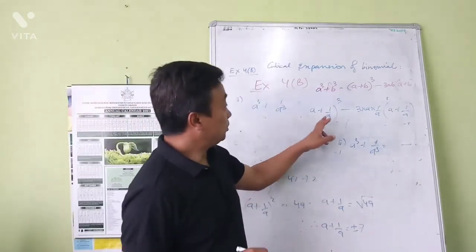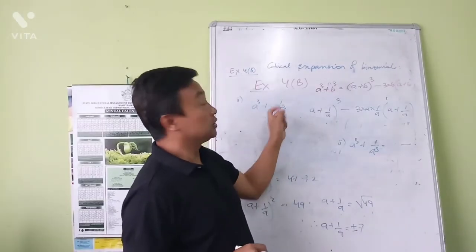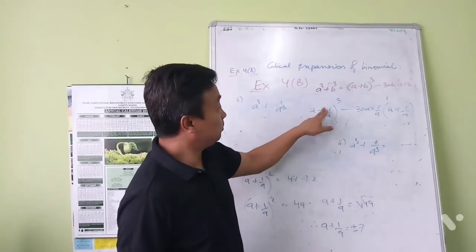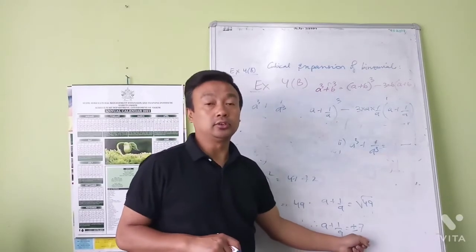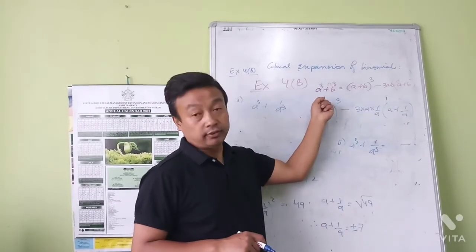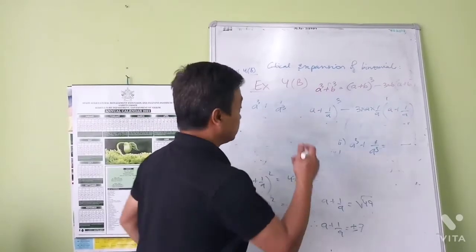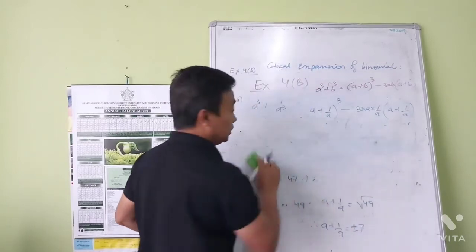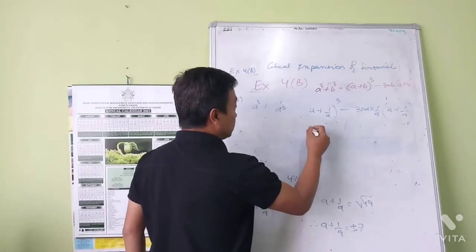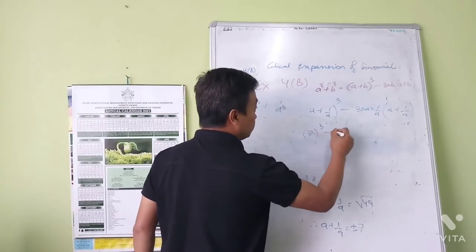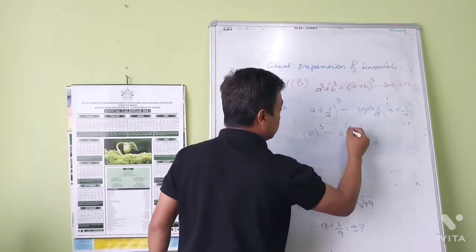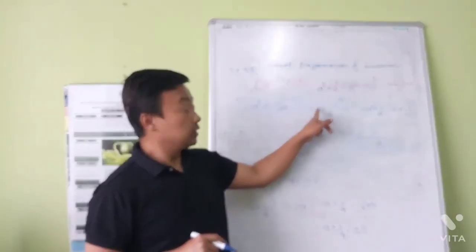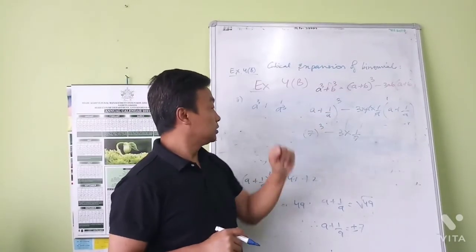Alright? So what we have done here is, in place of b we have simply substituted 1 by a. Now a plus 1 by a we have just got, it is 7. If you put minus 7, then the answer will be different. So let us take only one value of a plus 1 by a. So let us say (a plus 1 by a) is 7, whole cube minus, this and this cancel, 3 into 7.